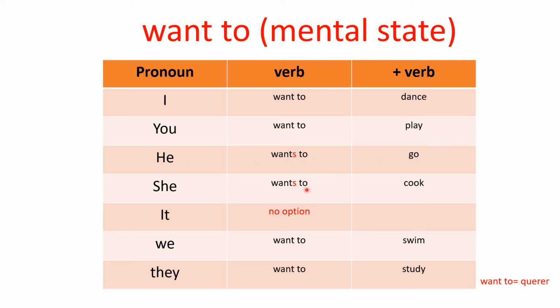She wants to cook. For today, as I said before, we are not going to concentrate on this. Por esta vez no nos vamos a concentrar en este pronoun. Let's continue. We want to swim. They want to study. Let's continue.